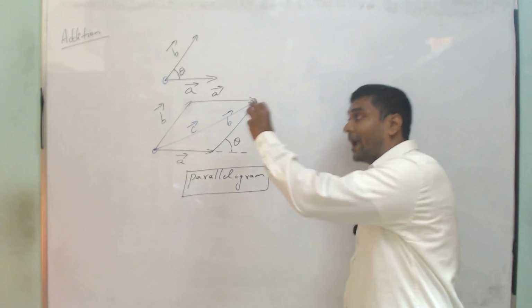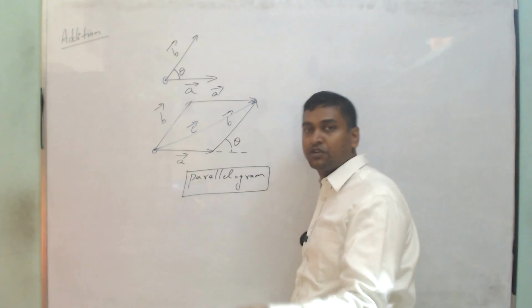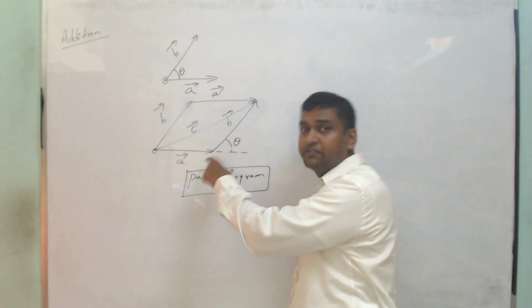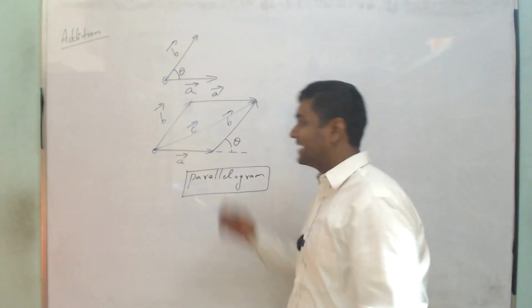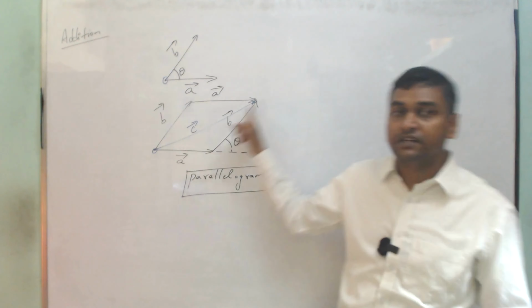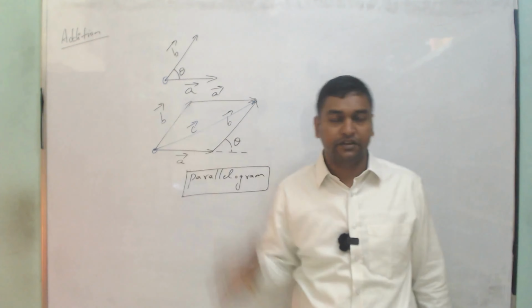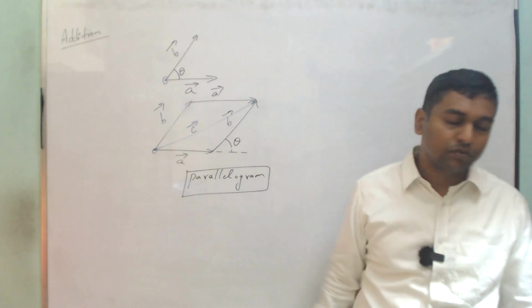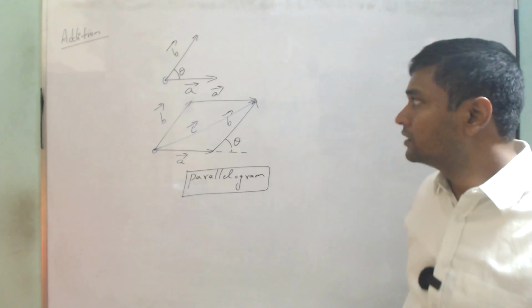If we want to add vectors, for addition of vectors, place the tail of the second vector at the head of the first vector, and the line joining the tail of the first vector to the head of the second vector is called the resultant vector. Clear? I'll dictate first, you draw all this later.